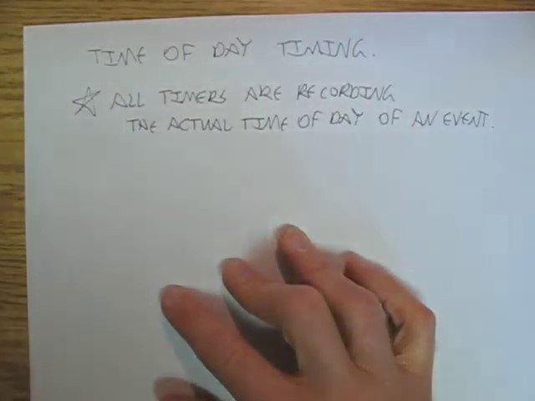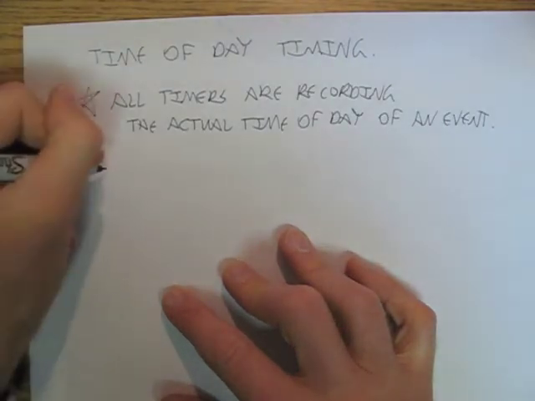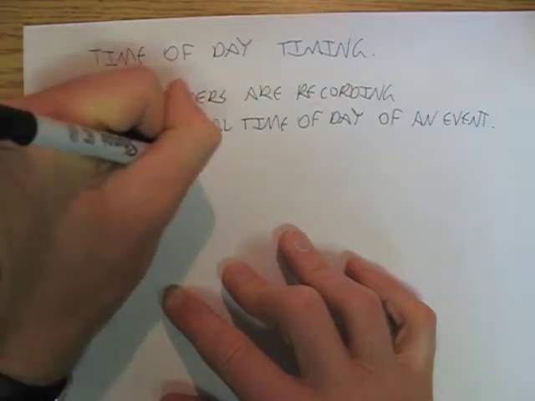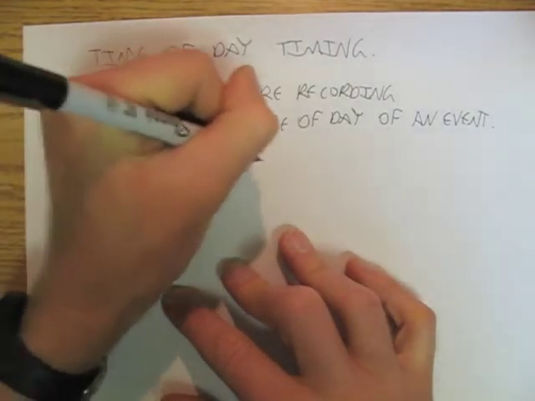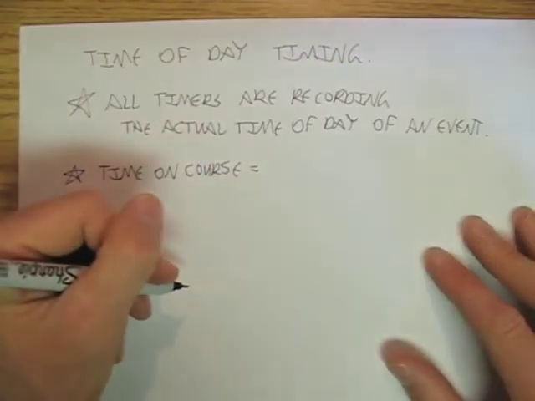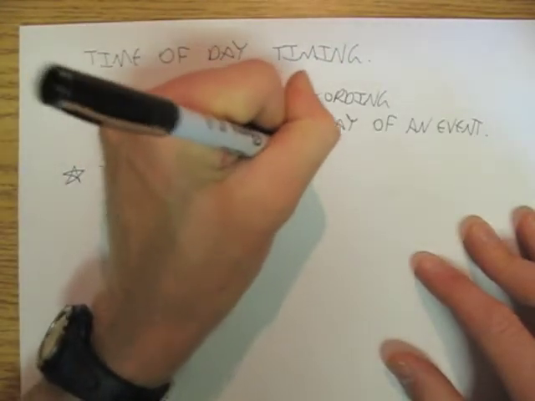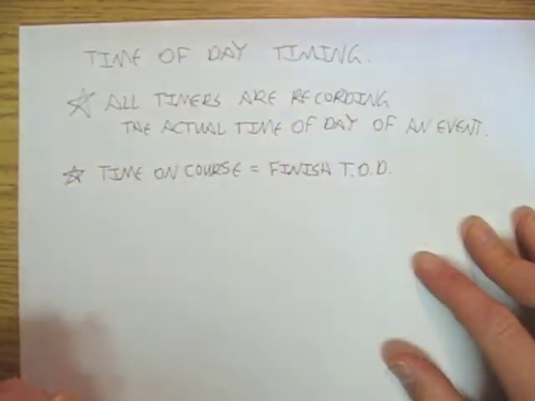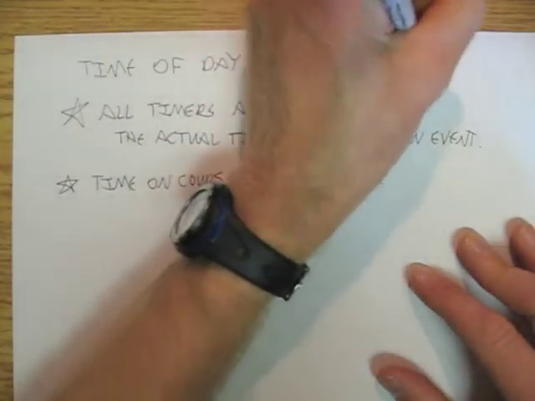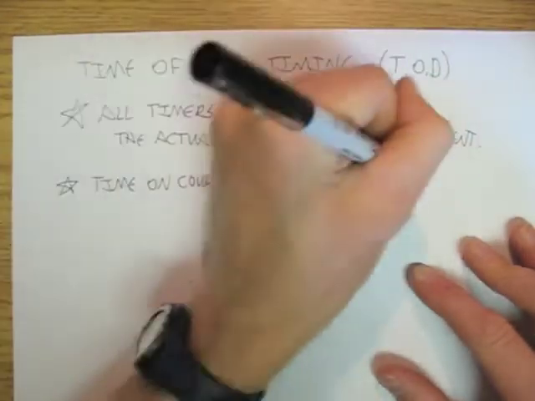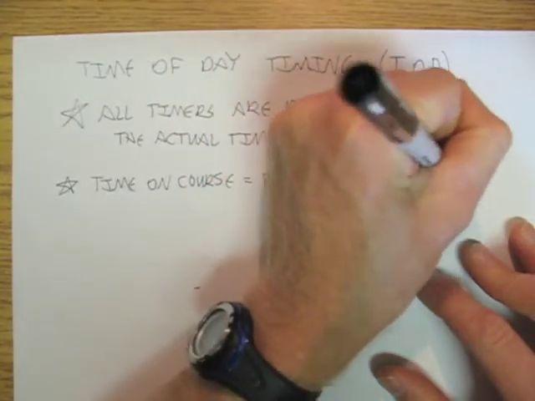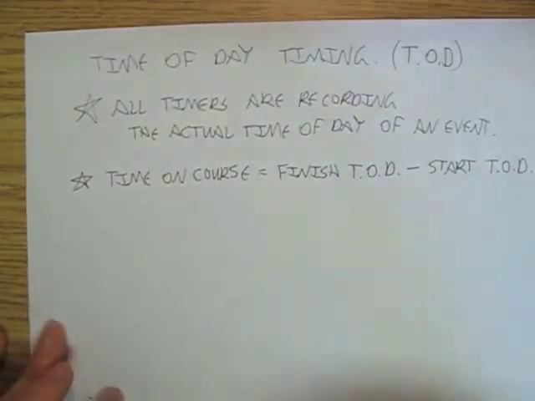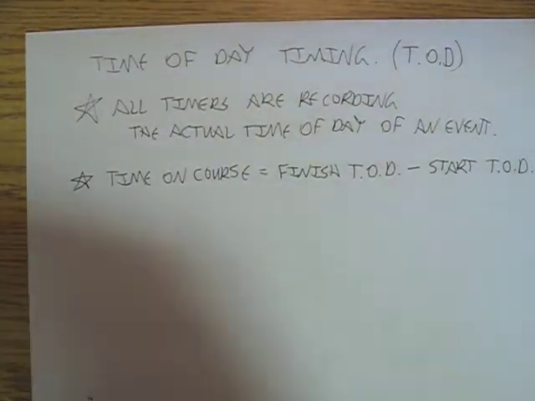And so then the time on course is equal to the finish time of day minus the start time of day.